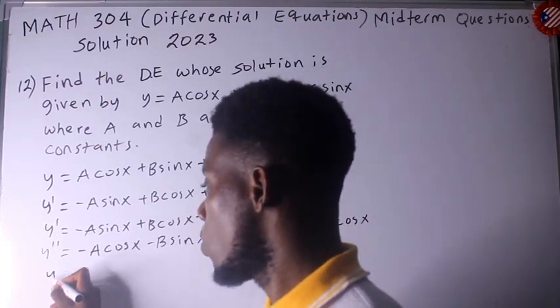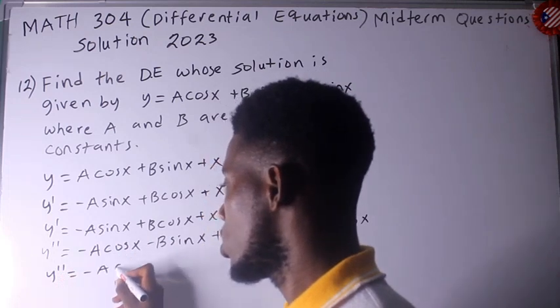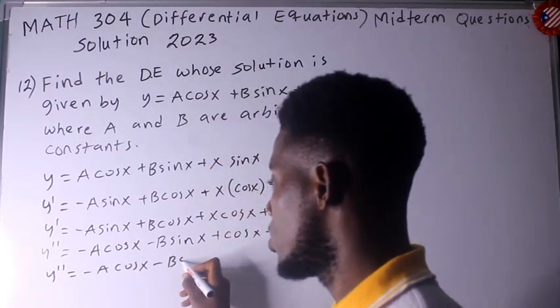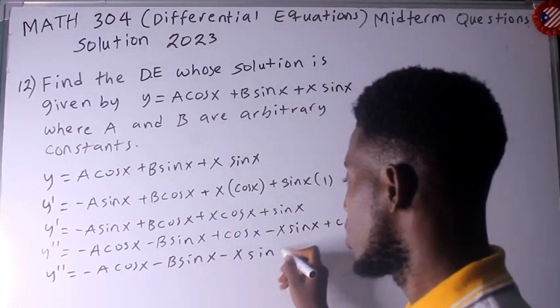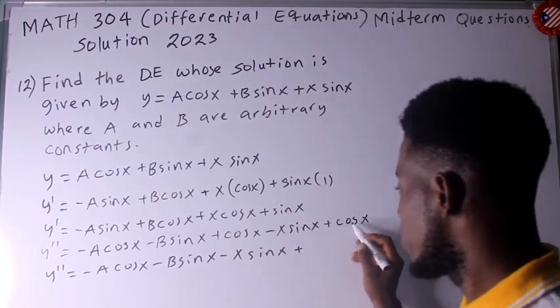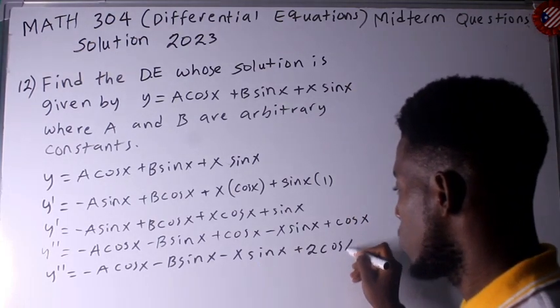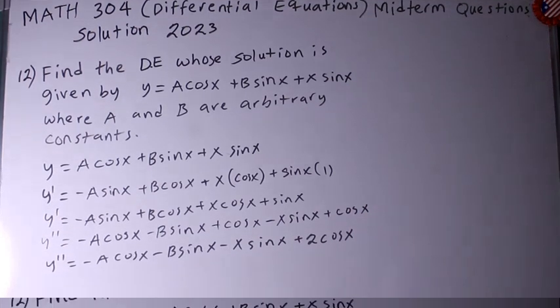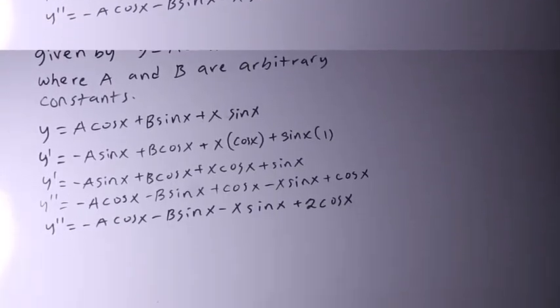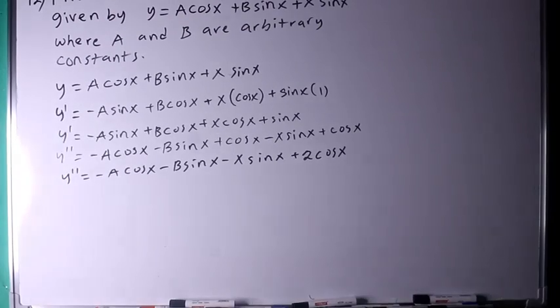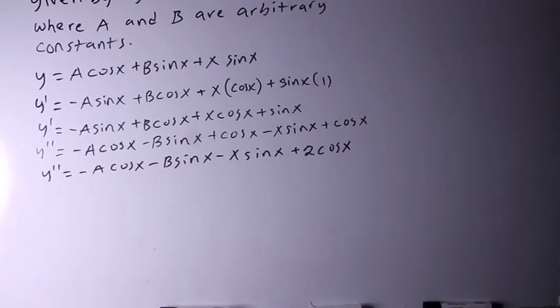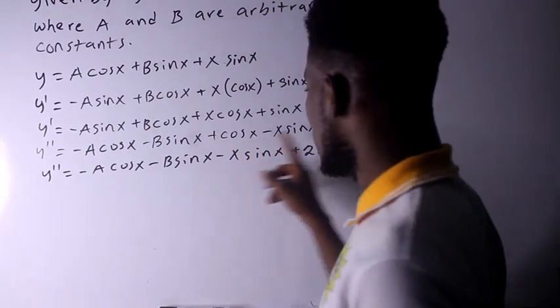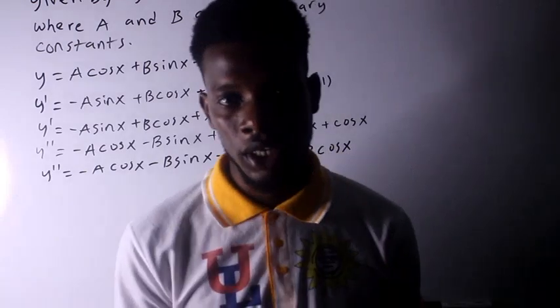So I'm going to have y prime prime equal to minus a cos x minus b sin x minus x sin x, plus cos x plus cos x is 2 cos x. So you see what we did? You are asking how we got the 2 cos x: we added cos x plus cos x. That's how we got the 2 cos x.